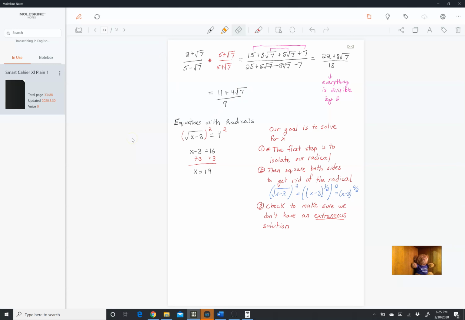So an extraneous solution is a solution to our new equation, but it's not necessarily a solution to the original equation. So when we square both sides, we get this new equation, x minus 3 equals 16. So x equals 19 is a solution to this equation, but it may not be a solution to this one, okay? So that's what an extraneous solution is. A solution to the final equation, but not the original.